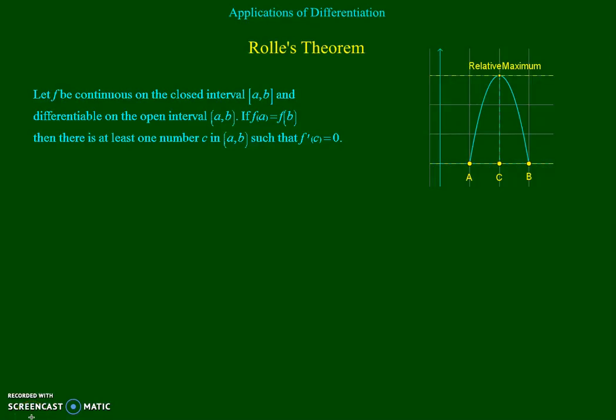What Rolle's theorem does is it guarantees that the extreme values will be between the endpoints and not at the endpoints. So let's take a look at what Rolle's theorem says. Let f be continuous on a closed interval [a, b] and differentiable on the open interval. This is pretty standard for many of the theorems.